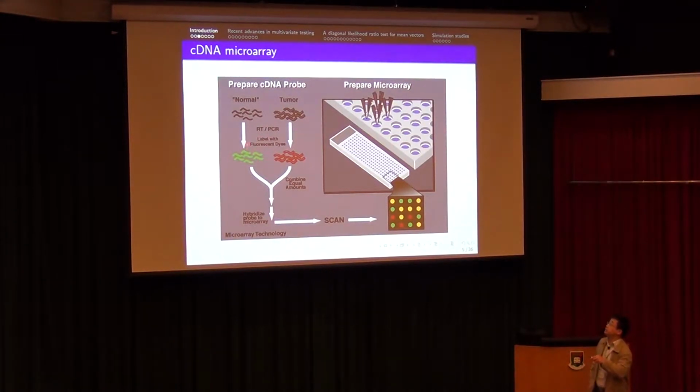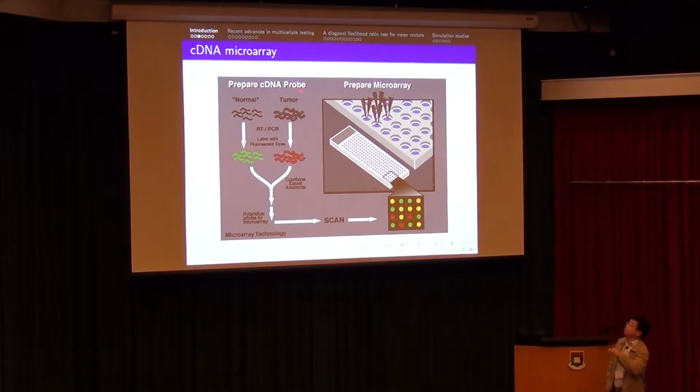The same amount of green and the same amount of red, if we combine them, will come up with yellow. So if we see a spot with yellow color, we say they are constantly expressed.